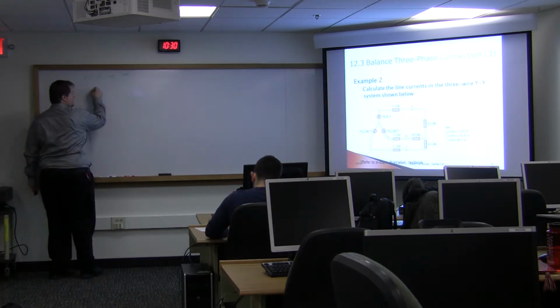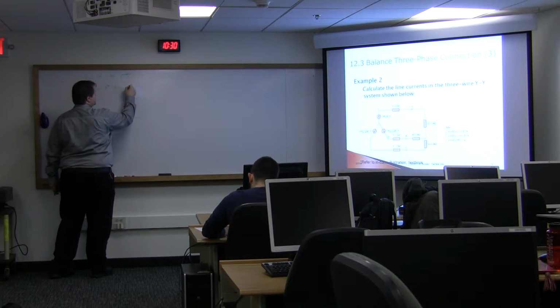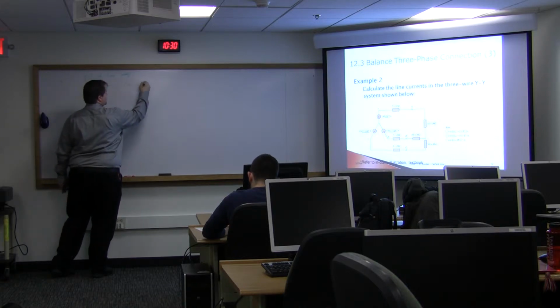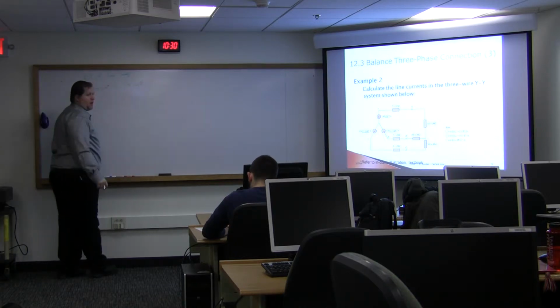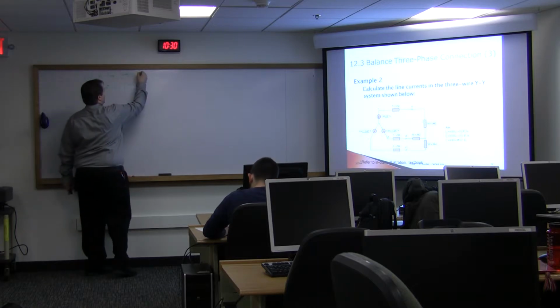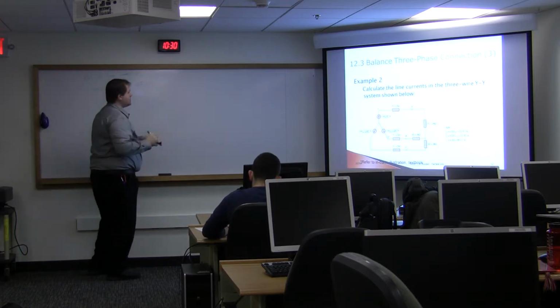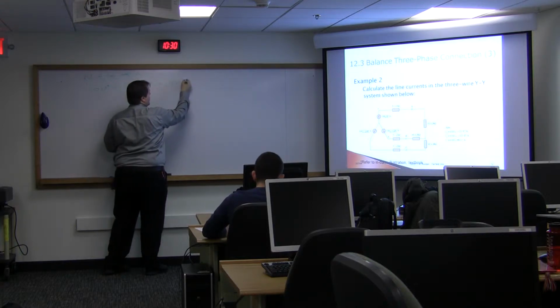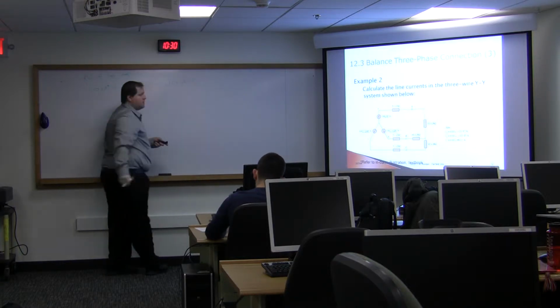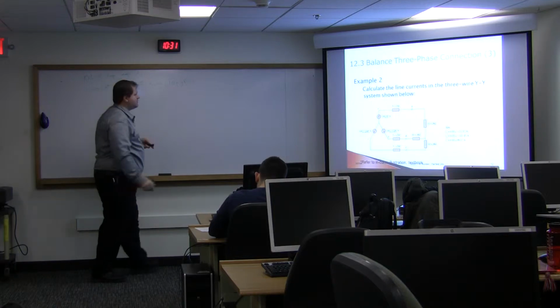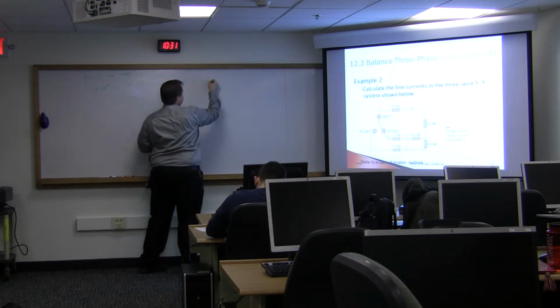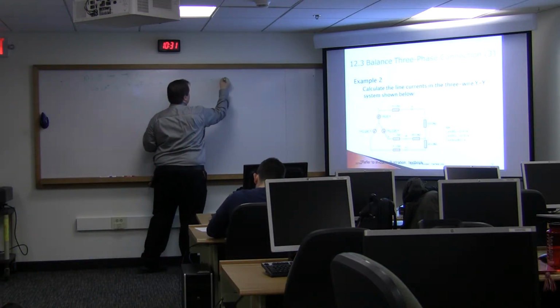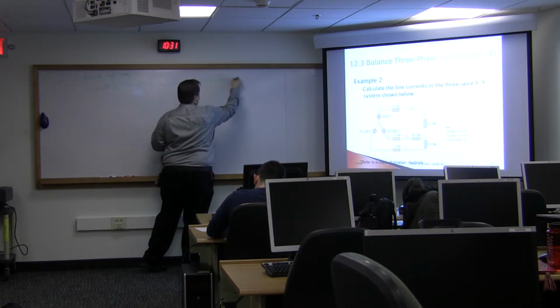I have negative 110, phase of 0, plus (5 minus j2) times I1, plus (10 plus j8) times I1, plus (10 plus j8) times (I1 minus I2).